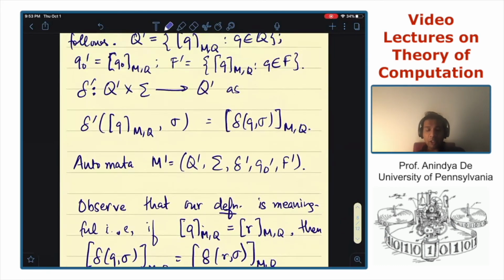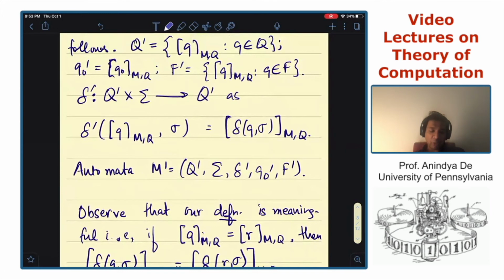What does it mean? Well, our definition is well defined, except potentially for the transition function. This consideration also arose in the proof of the Myhill-Nerode theorem.